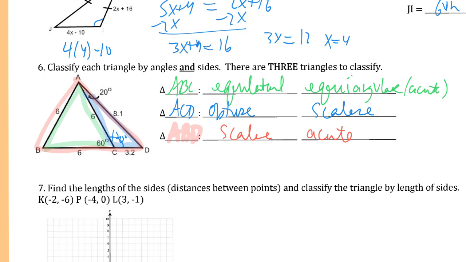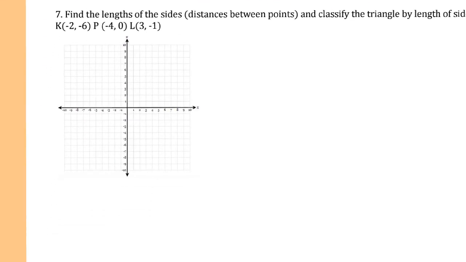The last one we're going to talk about is to find the lengths of the sides so you can classify it. So we're going to use the distance formula to find the distance between any 2 points. The distance formula says distance equals, you subtract the 2 x's and square it, you subtract the 2 y's and square it, you add them together and take the square root.